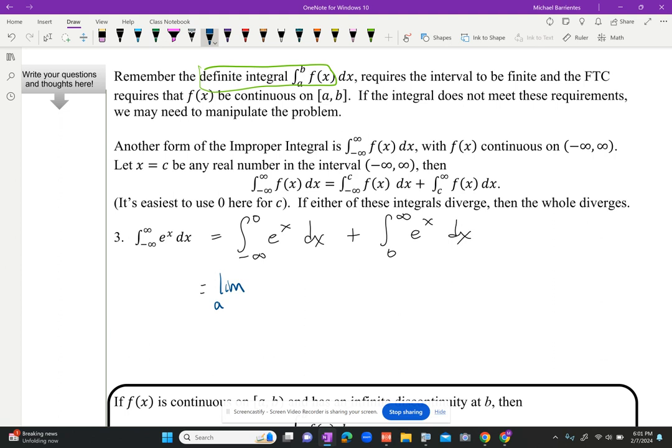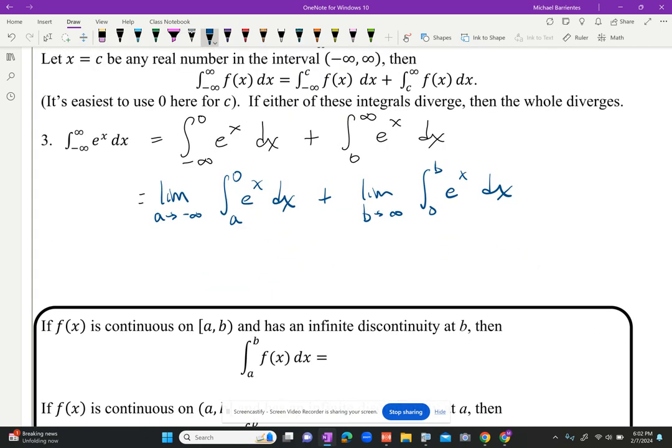So why don't we use that? The limit as a approaches negative infinity of the integral from a to 0 of e to the x dx, plus the limit as b approaches infinity of the integral from 0 to b of e to the x dx. Okie dokie, let's see. Can we get an answer out of this?